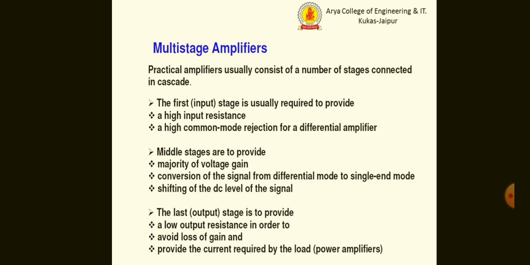The middle stages provide the majority of voltage gain, conversion of signal from differential mode to single-ended mode, and shifting of the DC level of the signal. The last or output stage provides a low output resistance in order to avoid loss of gain and provides current required by the load.